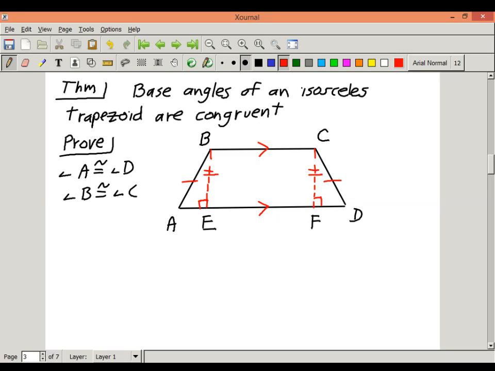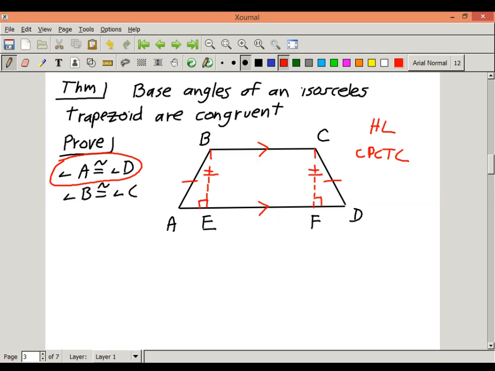And so you can see that the two triangles are congruent by HL. HL, hypotenuse, leg, they're both right triangles. Hypotenuse is congruent and a leg is congruent out of each. So that'll tell you that angle A and angle D are congruent by corresponding parts of congruent triangles are congruent. CPCTC.